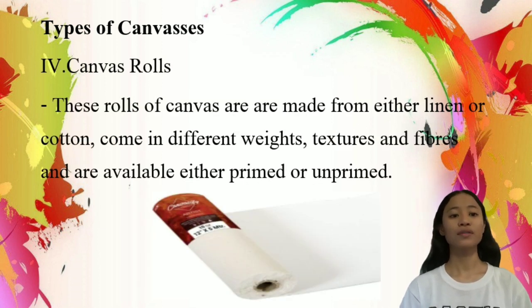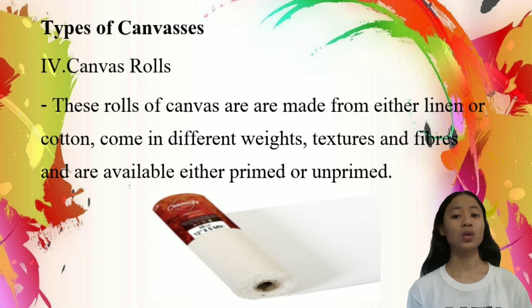Fourth type of canvas is the canvas rolls. If you're an experienced painter, or let's say a professional painter or an artist who likes to prepare and stretch your own canvas, or you want to make large paintings, then canvas rolls is the best choice for you.